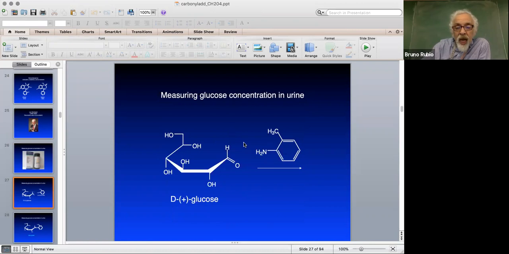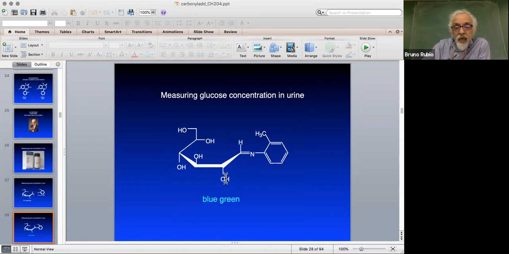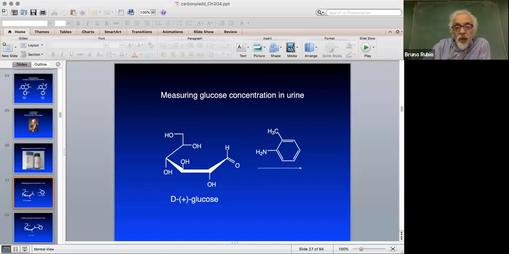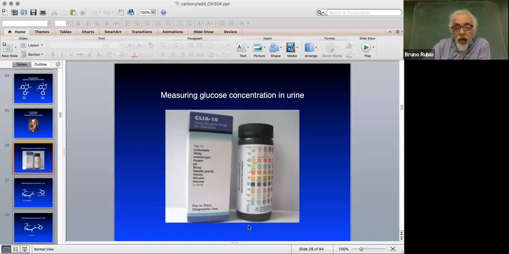It's an aldehyde. It's a primary amine. They get together to form an imine, and this imine is blue-green. And so if we look back at this bottle here, this has all of the various colors that you're looking for. And each of these colors on this bottle correlate to a certain level of leukocytes, nitrite, protein, pH, and so on and so forth.